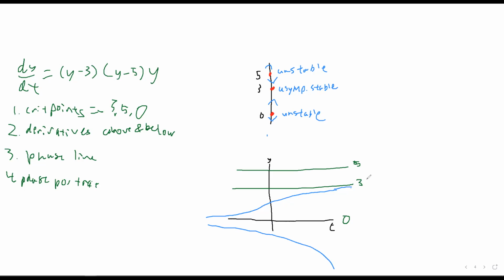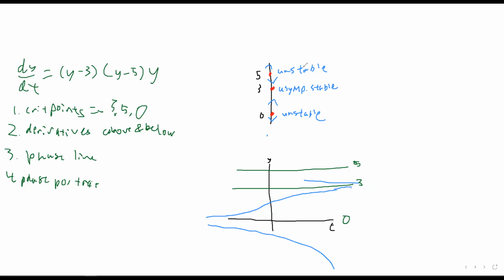So let's look at above 3. 3 has what, a future asymptote or a past asymptote? 3, well, it's asymptotically stable. So your line is going to go down to 3. What I mean by future asymptote is that your solution has to go toward 3 over time. So eventually in the future, it's going to fall down to the level of 3 if you're between 3 and 5.